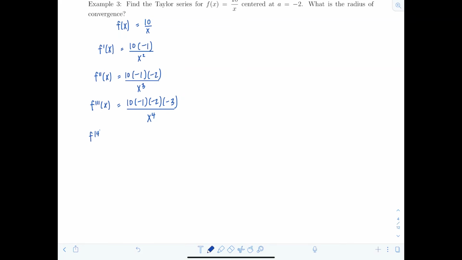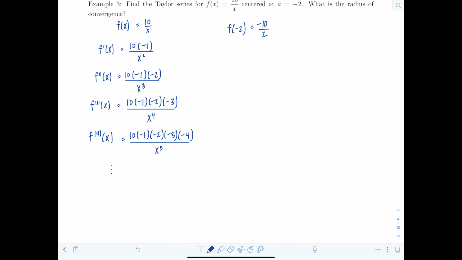And then fourth derivative is 10 times negative 1 times negative 2 times negative 3 times negative 4 over x to the fifth, etc. Now I'm going to substitute in negative 2 for a. So f of negative 2, that's going to be negative 10 divided by 2. I'm just going to leave it like that for a second. And then let's see what else we have here.